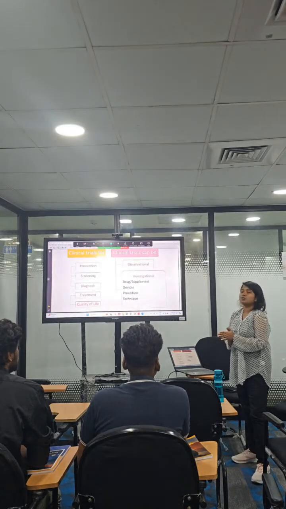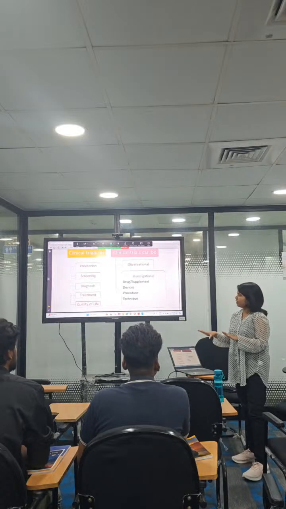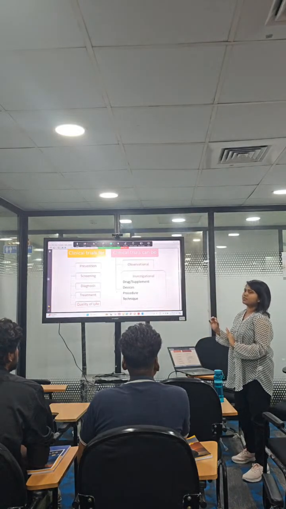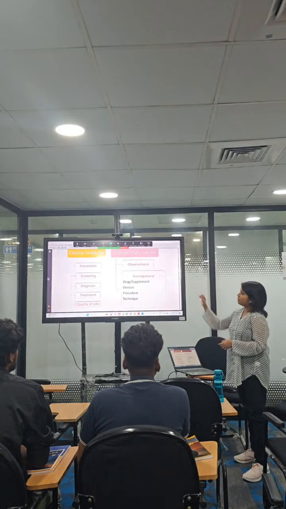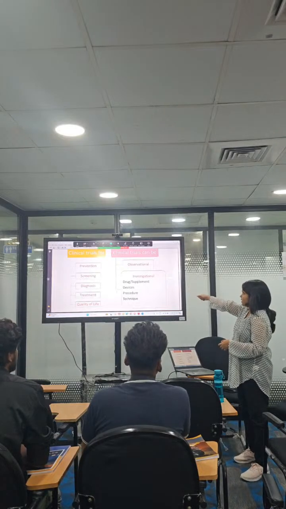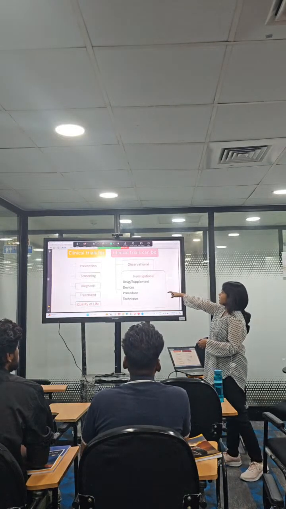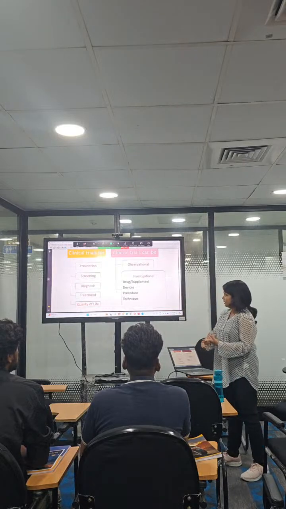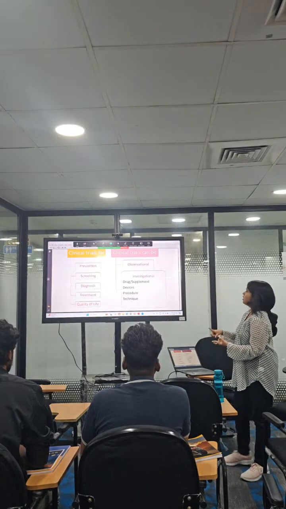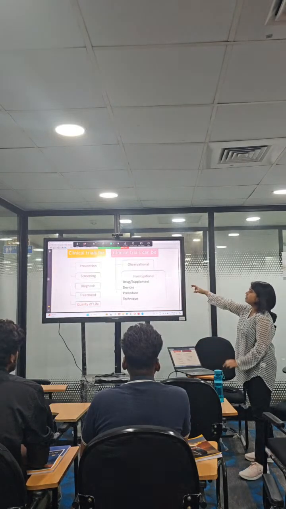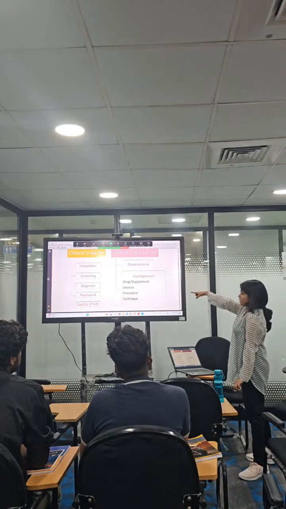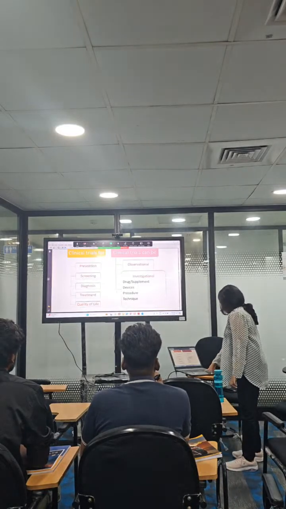We can't make any modifications from our end; we are only able to observe. In an investigational study, it is on the basis of a drug, supplement, medical device, procedure or technique. So there are two types, observational and investigational.